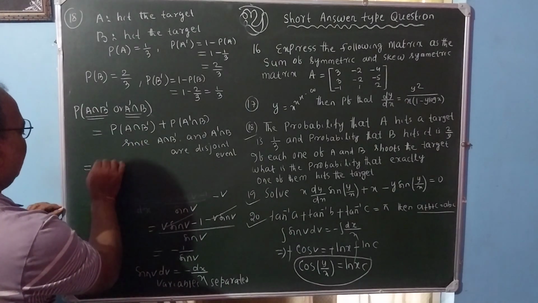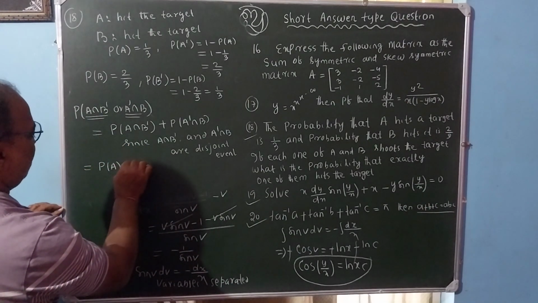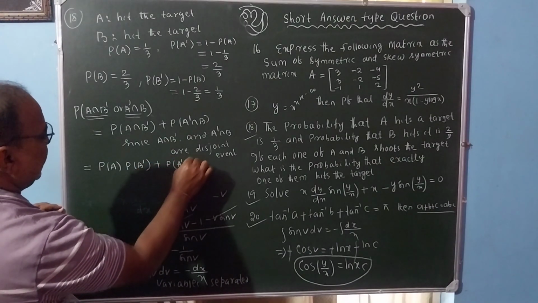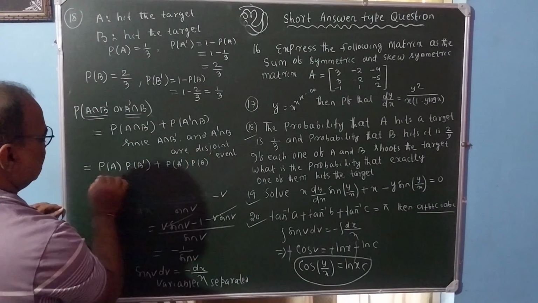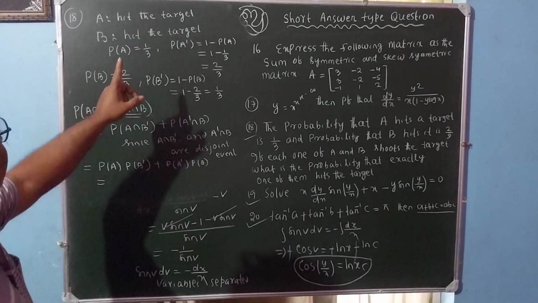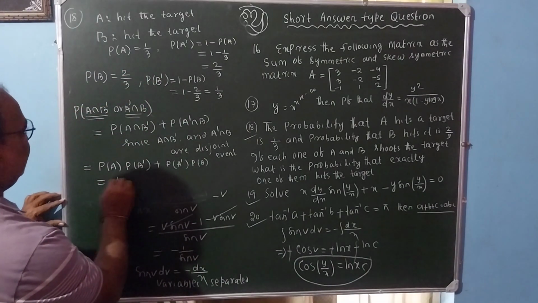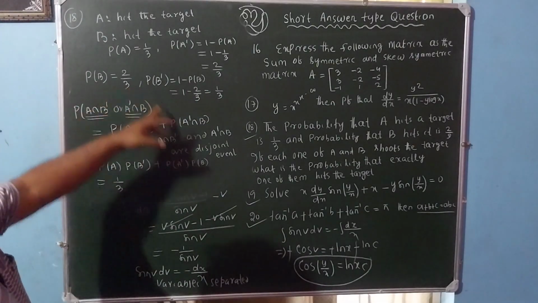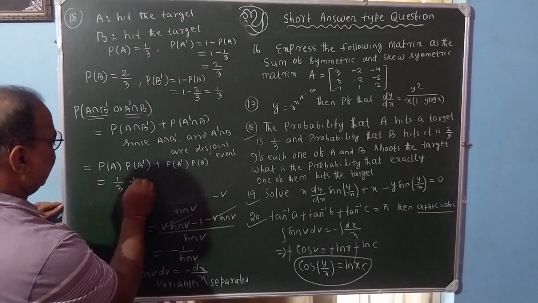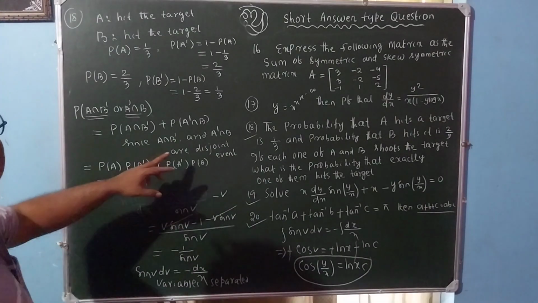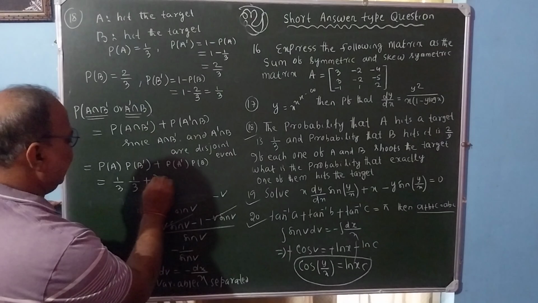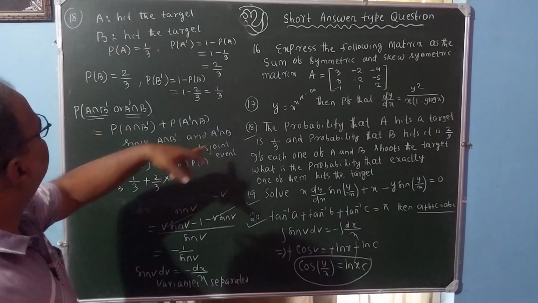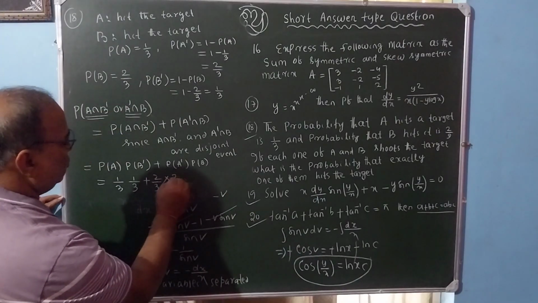So applying probability of A into probability of B dash, plus probability of A dash into probability of B. So the result is probability of A 1 by 3, probability of B dash 1 by 3, probability of A dash 2 by 3, probability of B also 2 by 3.